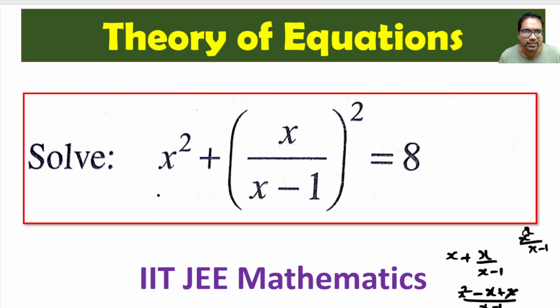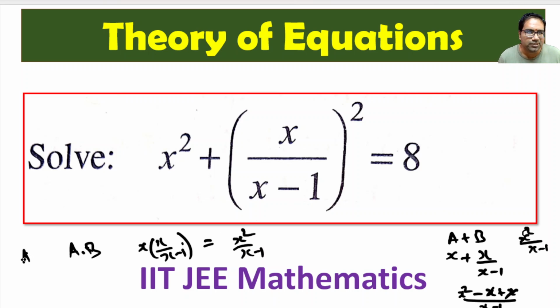Basically, if we call this a and this b, we are saying a + b. Similarly, what is a times b? a times b is x times x/(x-1), which is again x²/(x-1). So what we are seeing is a + b = ab.